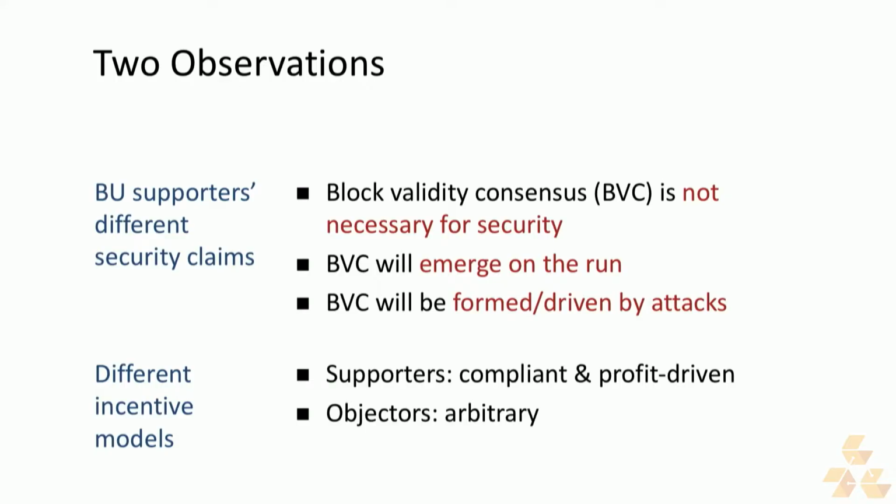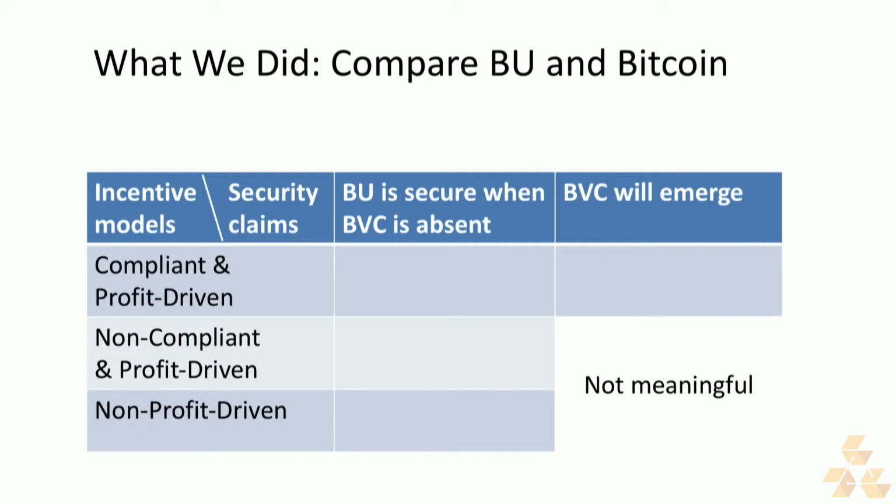Another observation is BU supporters and objectors have different incentive models. Supporters believe that all miners are compliant and profit-driven, whereas objectors claim that you should consider arbitrary adversary. What we did in this research is that we evaluate the 2 security claims made by BU supporters within 3 different incentive models.